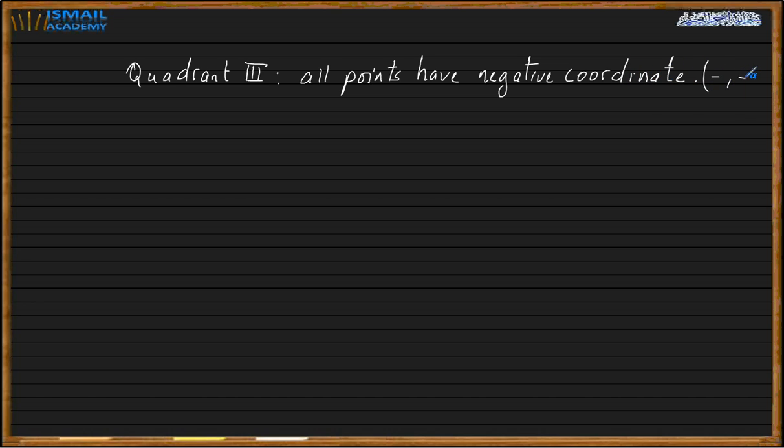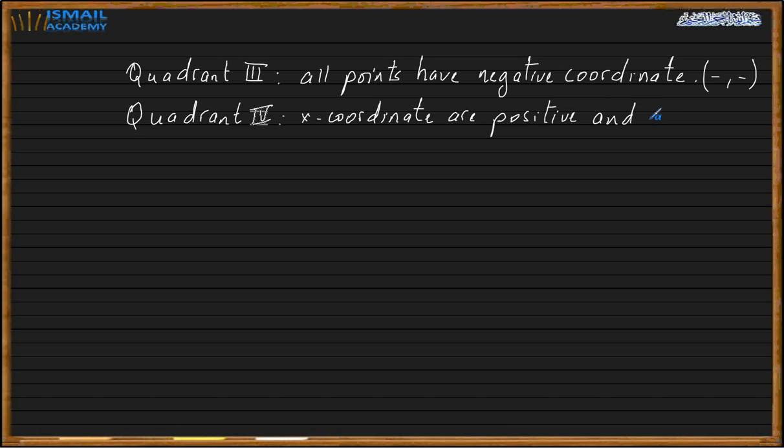So we are minus minus. In quadrant 4, the x coordinates are positive, but the y coordinates are negative.